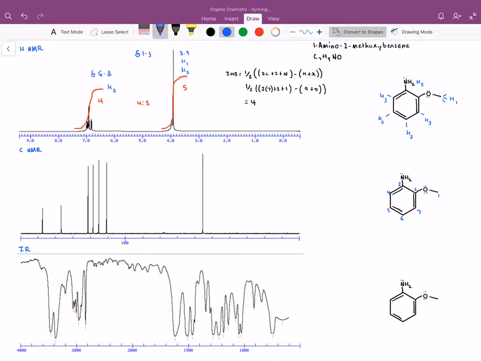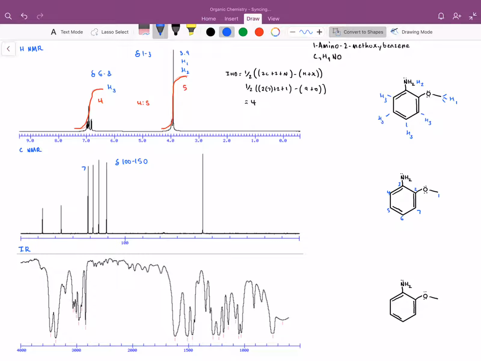Our carbons labeled 4, 5, 6, and 7 are all part of the benzene ring, and they have no other directly attached electron withdrawing group next to them, and so they're going to be on the lower end of our shift value range of 100 to 150. Carbon number 7, closer to the oxygen, which is very electron withdrawing, will be the highest of those 4 peaks. So this peak right here is carbon number 7.